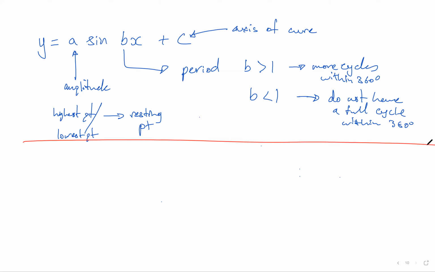Okay, let me choose this. f(x) equal to 3 cos 2x plus 5. The questions they might ask you: number one, state the amplitude.